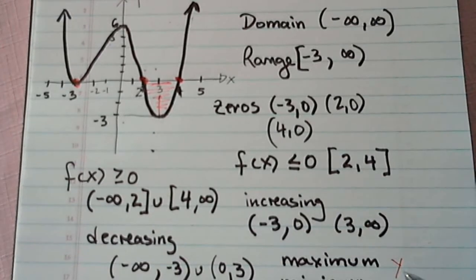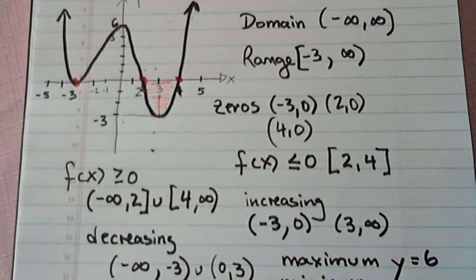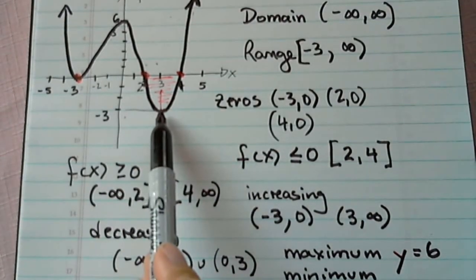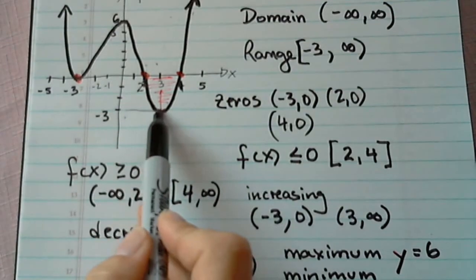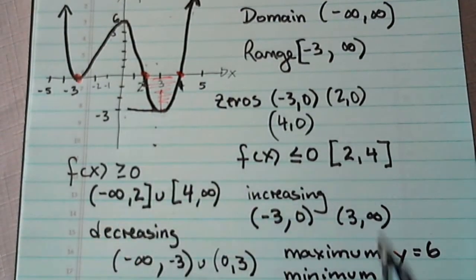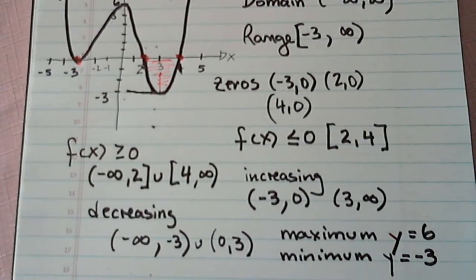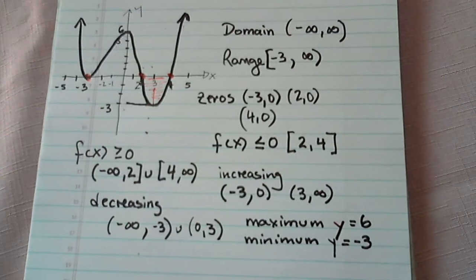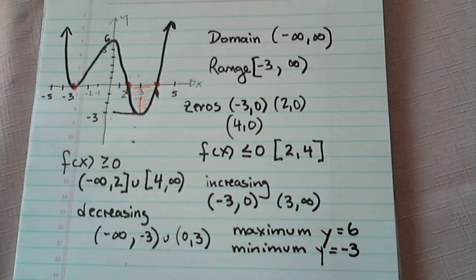In this case, y is equal to 6. The minimum, if we're going with the local minimum, we're going with the one that has the lowest point, which is y equals -3. Here we go. I tried to get it all on one page. There it is. There's our problem with the graph.